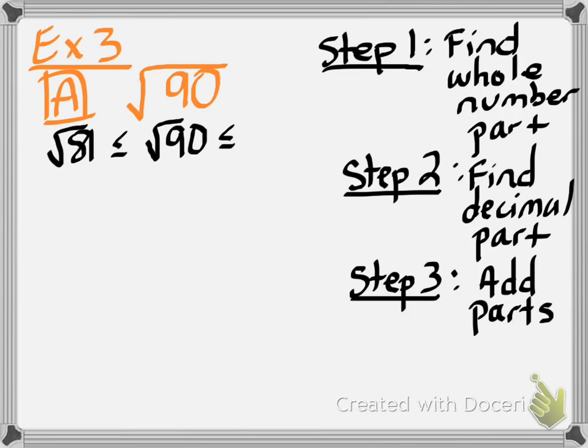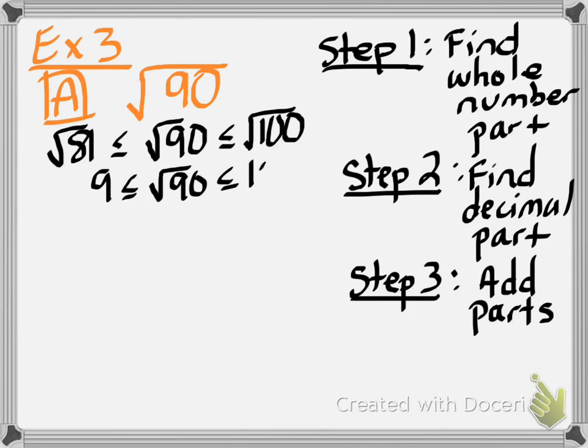So the square root of 90 is between the square root of 81 and the square root of 100, somewhere between 9 and 10. To find the whole number part, it's the smaller of the two. It has to be less than 10 because 10 squared is 100, and I only have 90 to work with. So my whole number is 9.